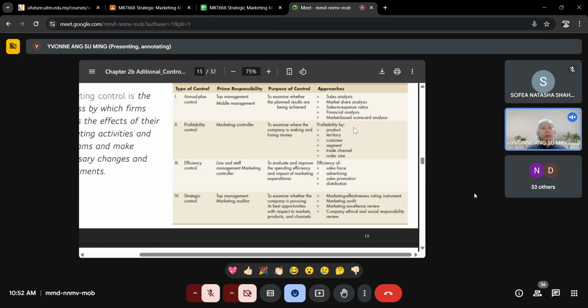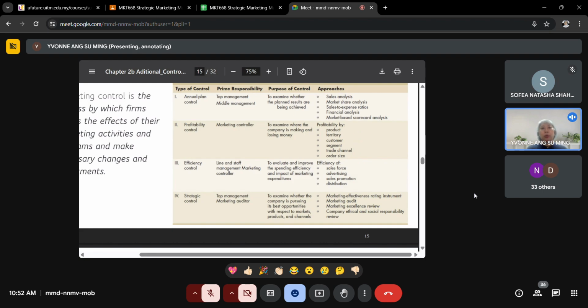But in actual fact, when we are in the marketing division or the marketing department, we can actually break it down further into what are possible categories of the different products, services, customer segments, and so on. So these are just suggestions, it really depends on what type of business it is.